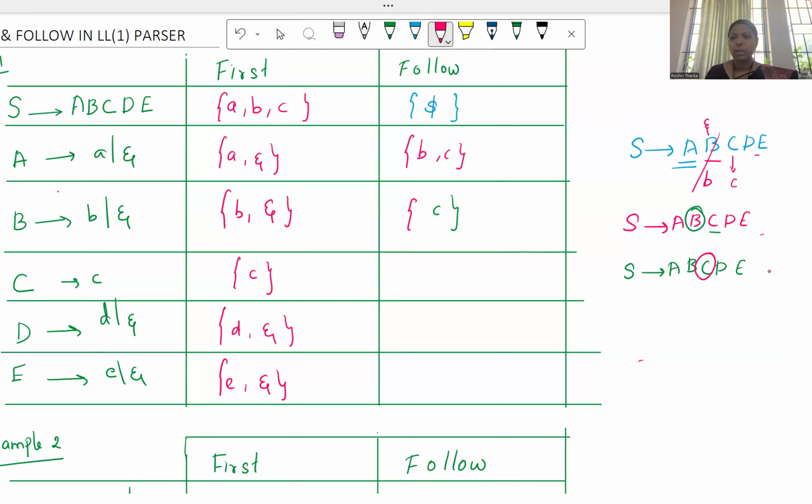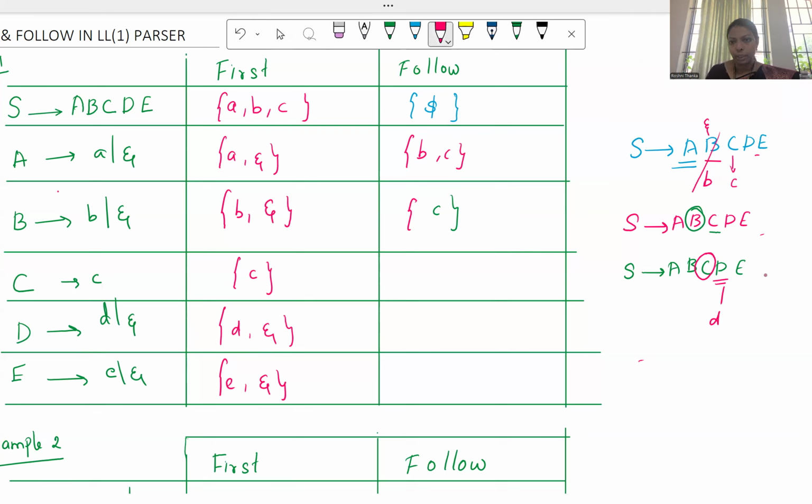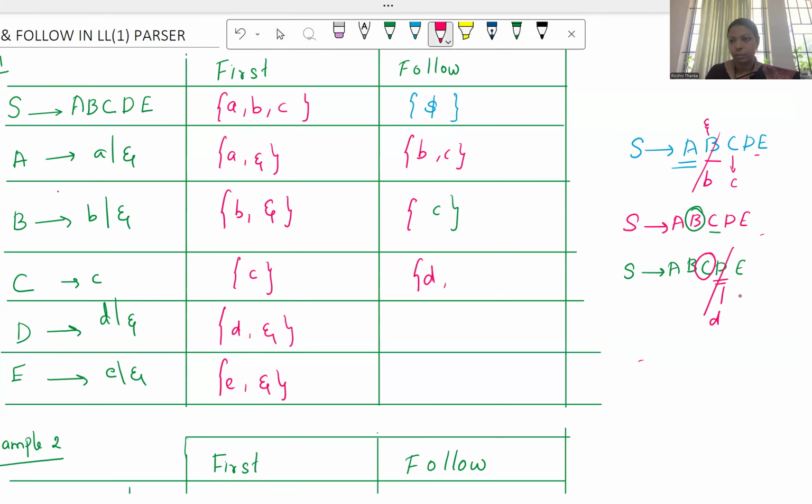That's what we want to find. C is followed by D. So we have to say first of D. First of D, we have two options: one is small d and the other is epsilon. So one option is d. And first of D also has another alternative, epsilon. Meaning, this can be epsilon also, which means empty.